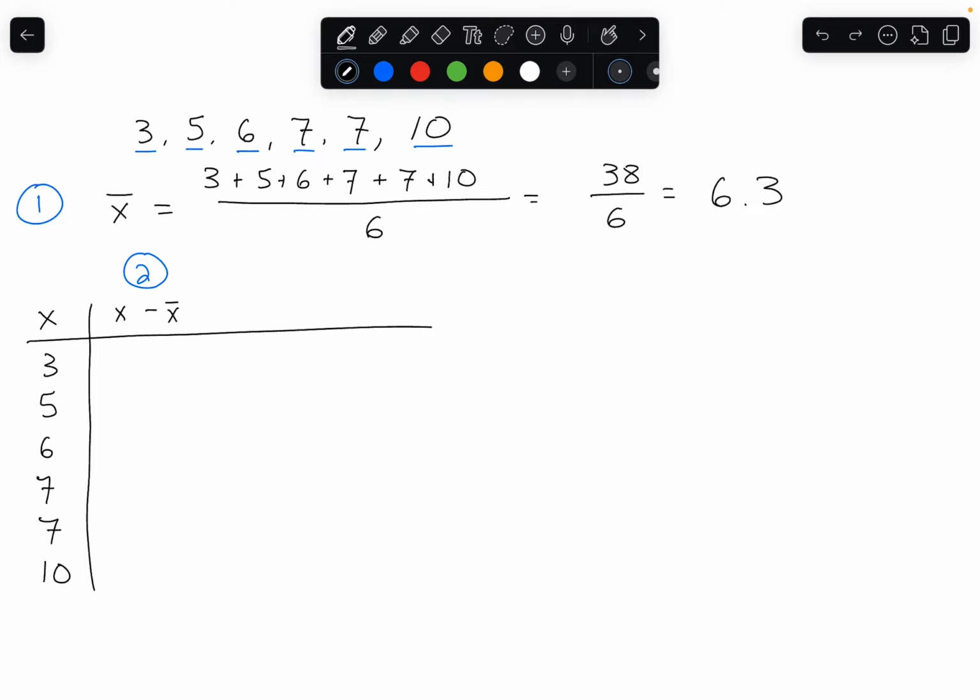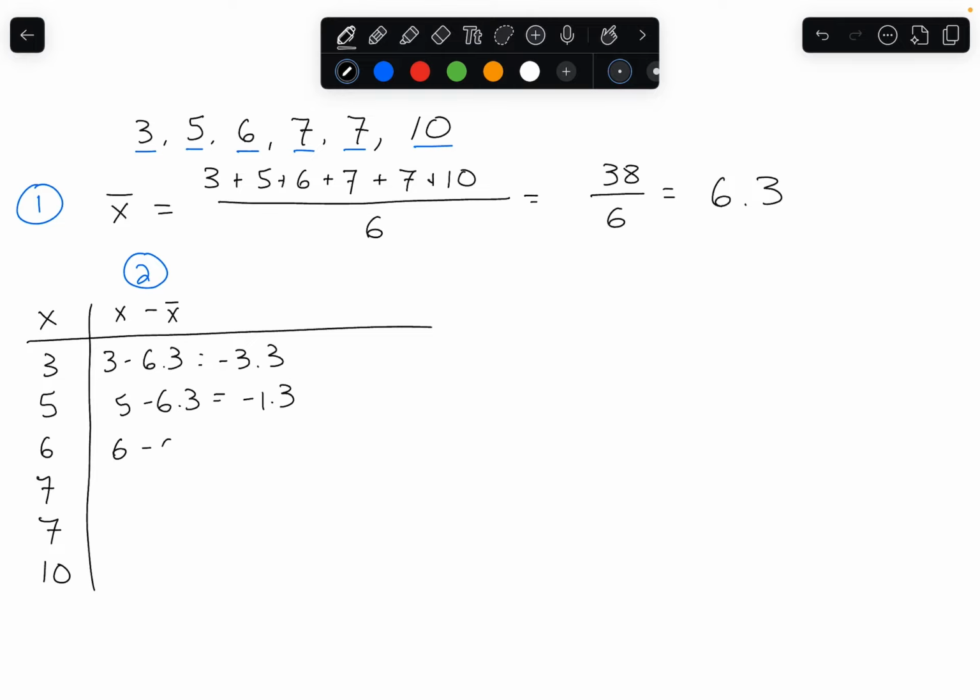So, let me give myself a little bit more room. I'm going to take 3 minus 6.3. So 3 minus 6.3 gives me negative 3.3. And 5 minus 6.3 gives me negative 1.3.